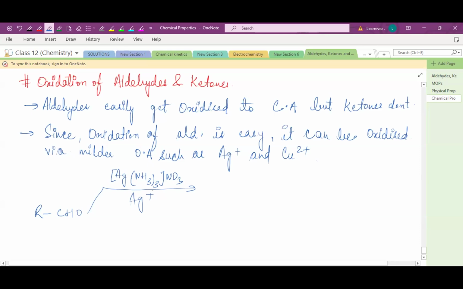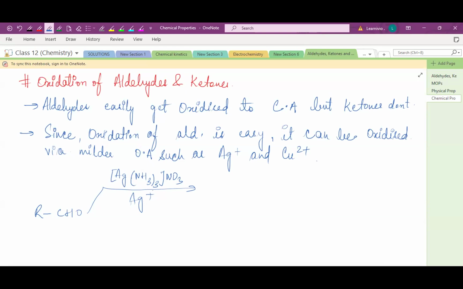So what is reduction according to you, Muniba? What is reduction? The gain of electron or loss of electron?